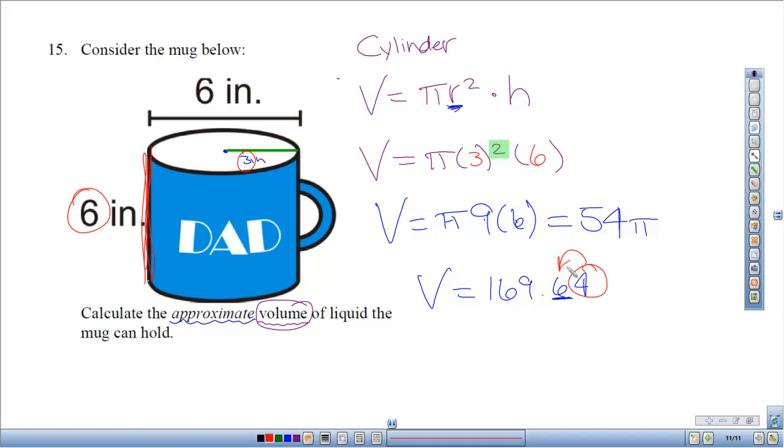And what would the 4 do to my 6? Leave it or move it up? The answer is it would leave it. So we get 169.6. And our units were inches. And this is volume, so I'll say inches cubed. Okay? And just have to watch out for those diameters. It's easy to change a diameter into a radius or vice versa depending on when you need that.